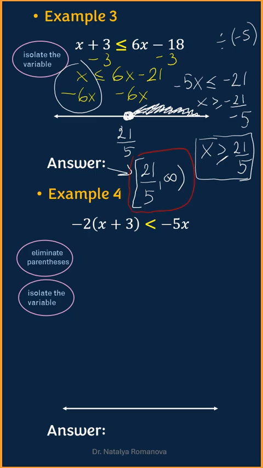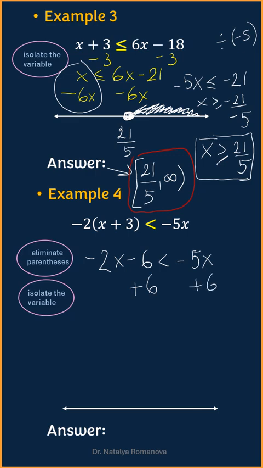Next example. We need to eliminate parentheses. So we will distribute negative 2. It would be negative 2x minus 6 less than negative 5x. Now we need to isolate x. So we add 6 to both sides.